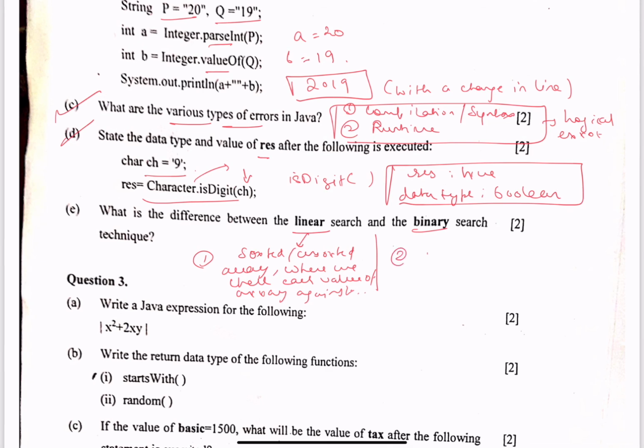Binary search works on a sorted array. And then you can write the complexity. The worst case for linear search is O(n), and for binary search it is O(log n), where n is the size of the array.